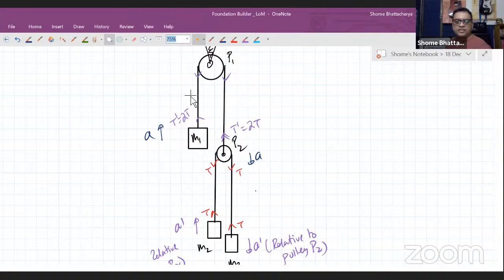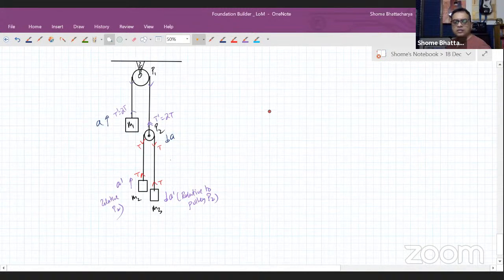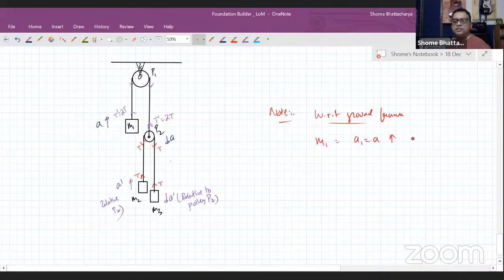So this means that with respect to ground frame, what is happening? With respect to ground frame, M1 has an acceleration of A upwards. So that is what we had calculated over there, 190 by 29 meters per second square upwards. But M2 in the ground frame, what kind of acceleration will it have?